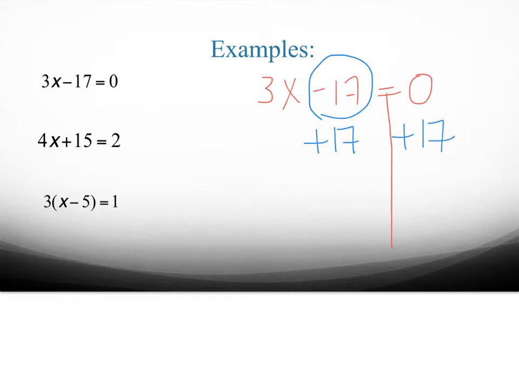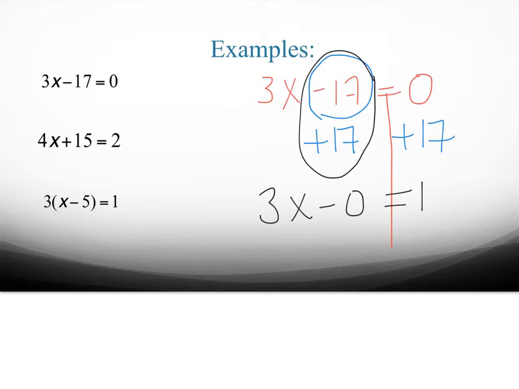And notice if I add 17 to both sides of the equation, negative 17 plus 17 actually becomes 0. That's often a step that we don't write in, but that's actually what's happening there. So 3x minus 0 is just 3x. And then your next step would be to divide both sides by 3. So x equals 17/3.